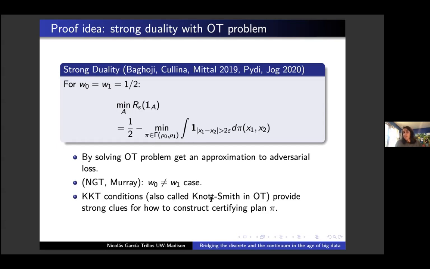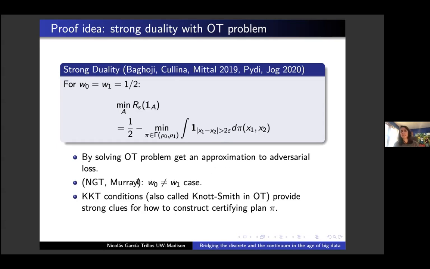And we build this certificate plan, and we can show that this certificate plan makes sense for a small enough epsilon, and then for all small epsilon, we can see that the robust risk for our ODE solution coincides with the cost provided by those certificates.